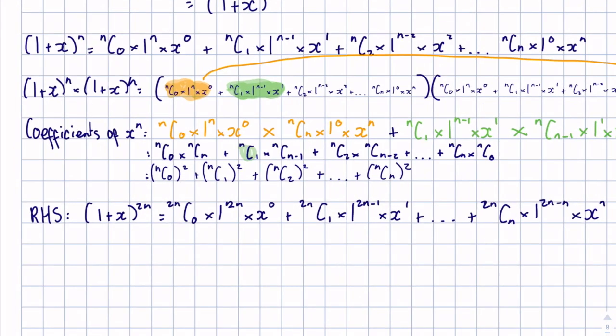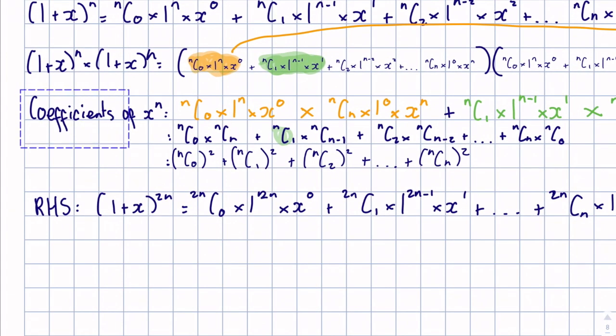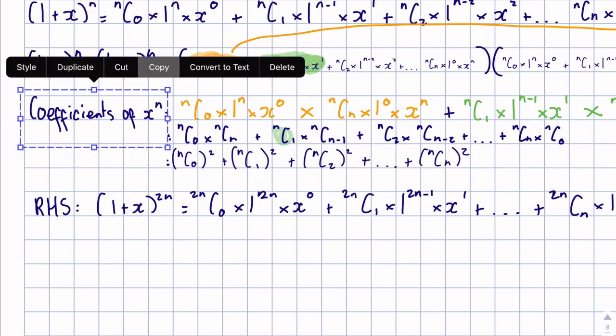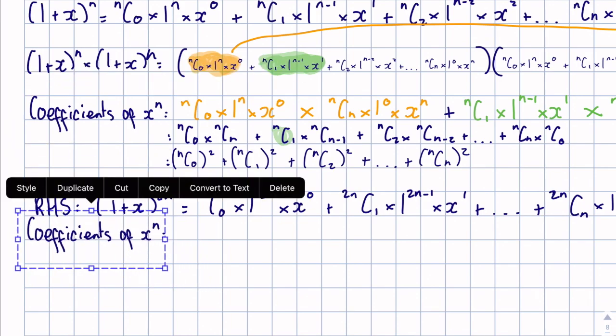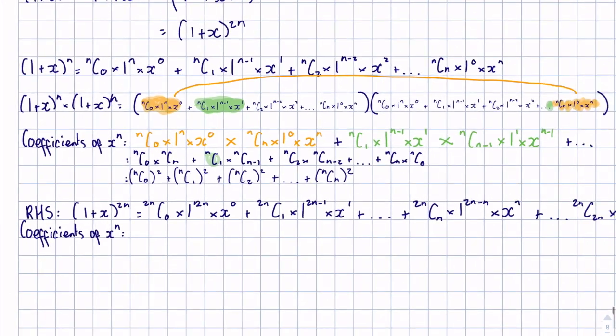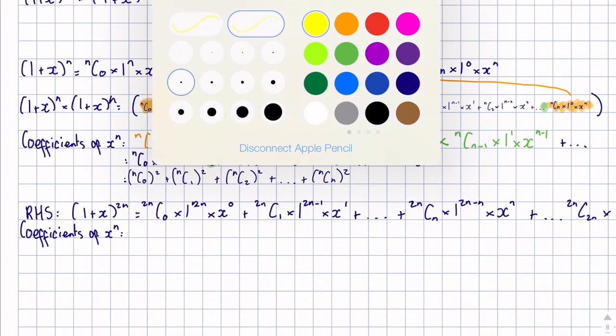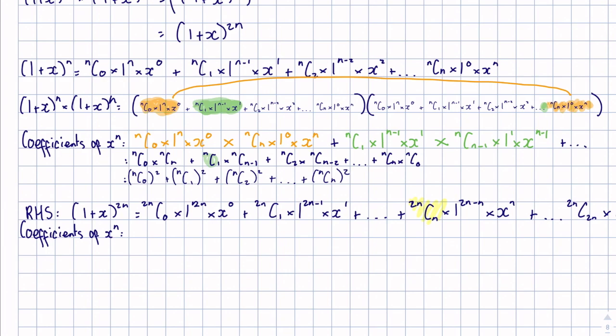Now if we're after the coefficients of x^n again, then that would just be this golden term in the middle. 2nCn times 1^(2n-n), but don't worry about timesing it by 1.